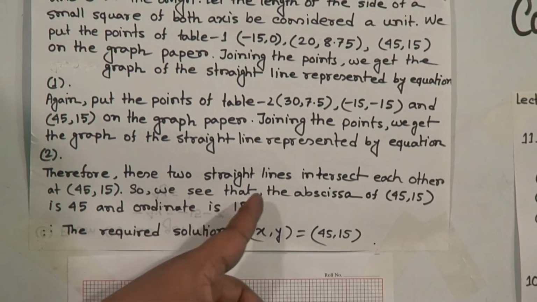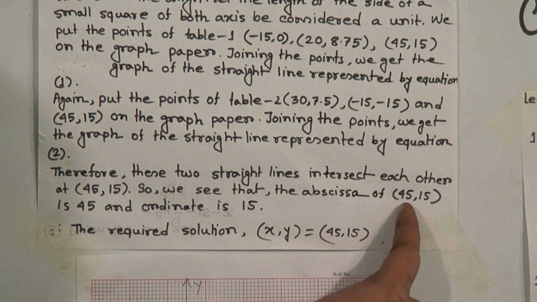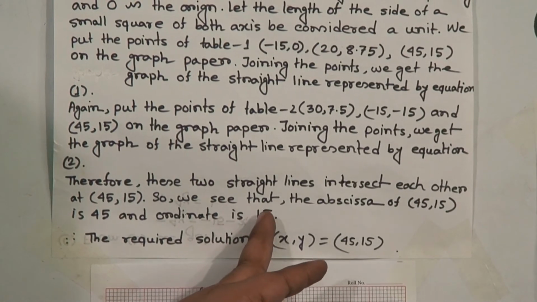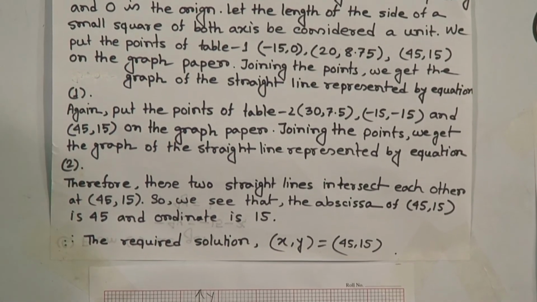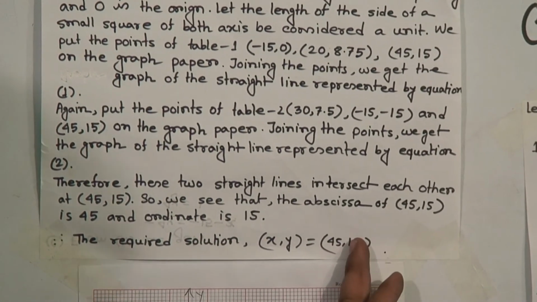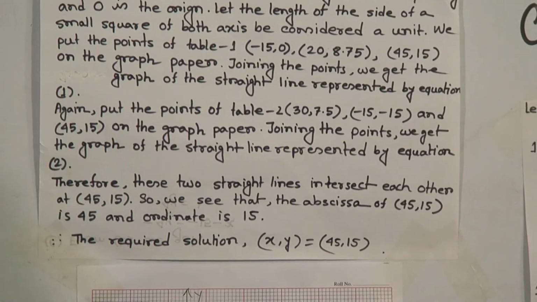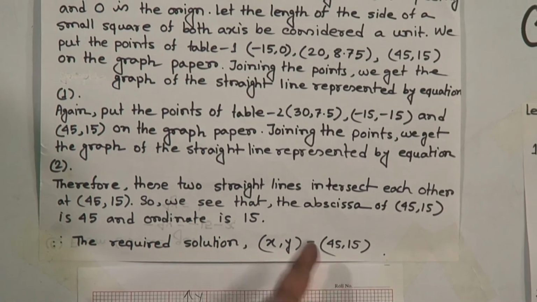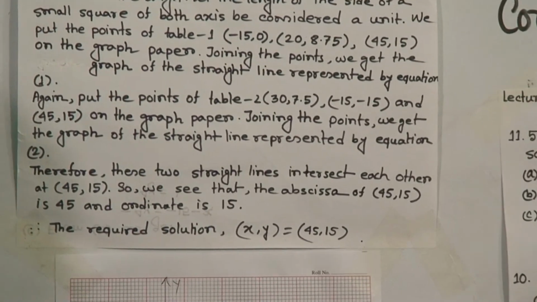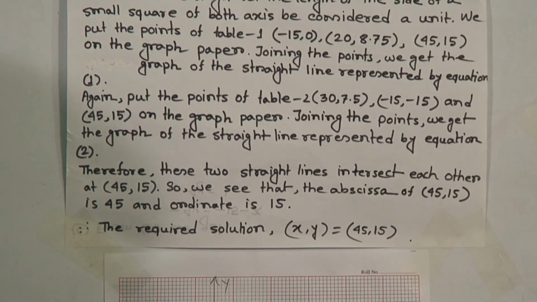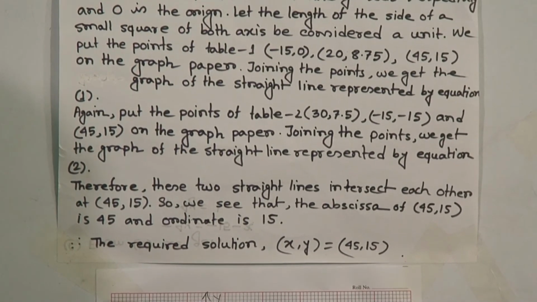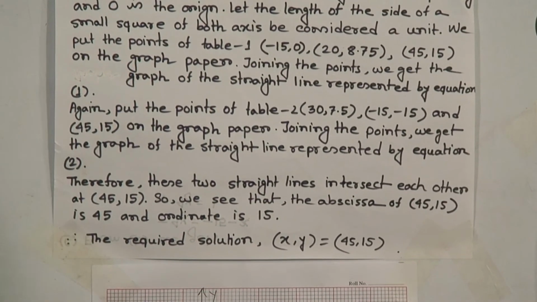Here you notice the abscissa of (45, 15) is 45 and the ordinate is 15. The first one of a point is called the abscissa and the second one is called the ordinate. So this point is the required solution, whose first value is 45, the abscissa, and its second value is 15, the ordinate. So the required solution is (45, 15). I hope you have understood.